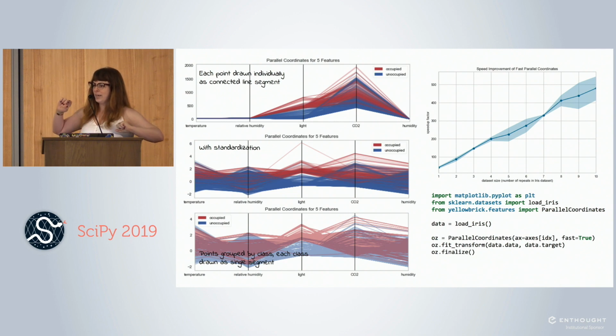And what you can see on the right-hand side is what the speed up factor is as your data set increases. It's essentially linear, right? So this makes it scale really well.